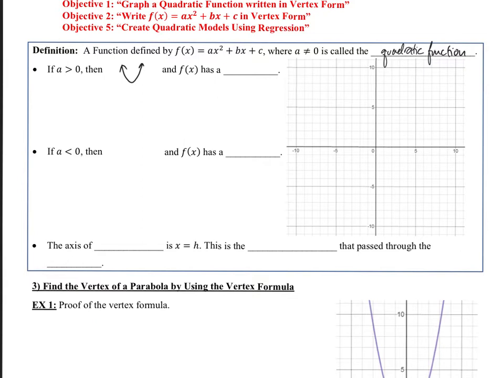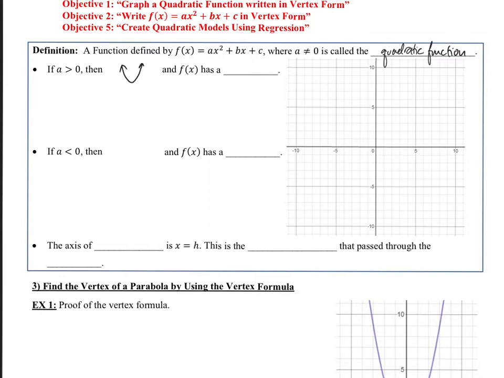And for all parabolas, there's something right here, right in the middle, that is called its vertex. Every parabola has a vertex. Special thing about that vertex, for a parabola that is opening upwards, this point here is the smallest possible y value. The y values can't go any lower, so this is called a minimum.